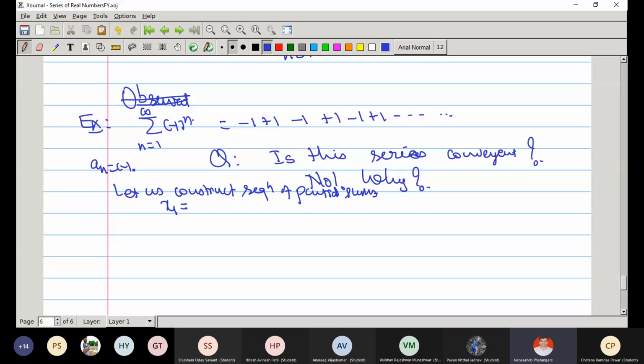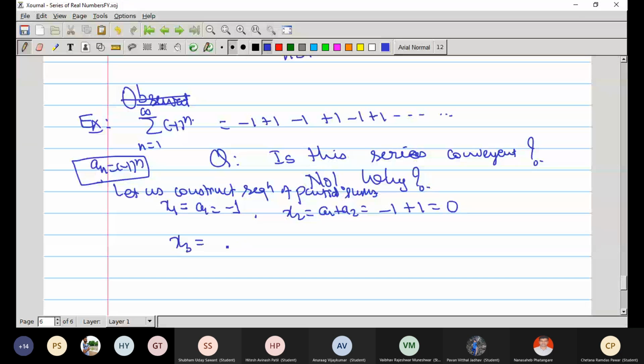Minus 1 raised to n. So x1 is minus 1. Right. Now you tell me what is x2? a1 plus a2. a1 is minus 1, a2 is 1. So 0. Am I right?